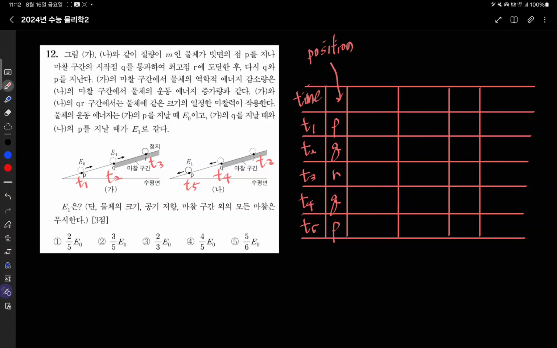And the kinetic energy: the original amount of kinetic energy is E0, and at Q the kinetic energy is E1, and then when it stops, the kinetic energy is 0.